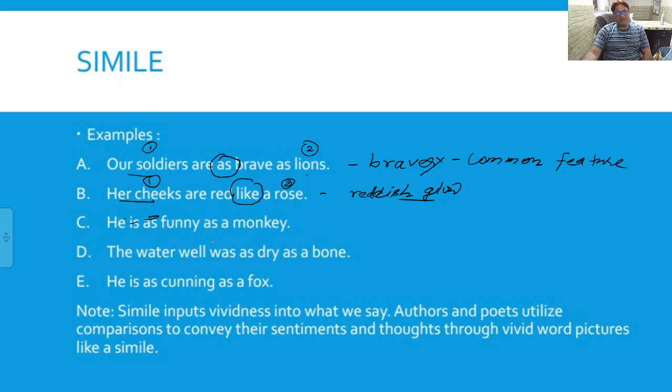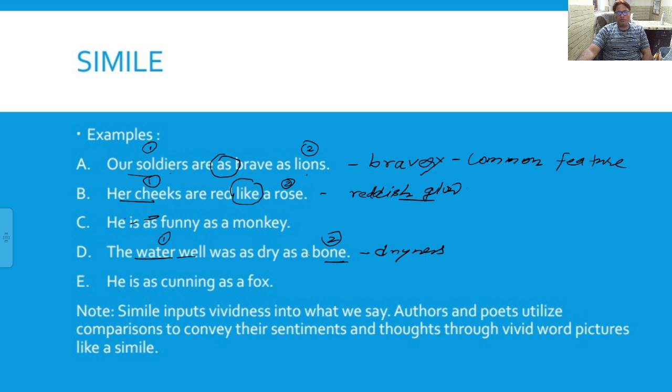He's as funny as a monkey. The water well was as dry as bone. Now here, water well and bone are the two elements. Both are different. On one hand we are speaking of a water well, and on the other we are speaking of bone. And what is the common feature? Common feature is dryness.